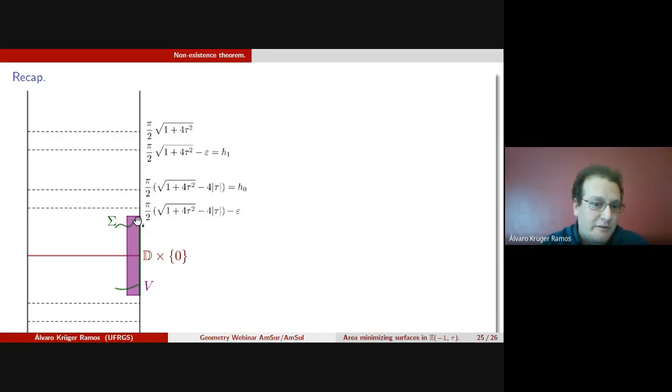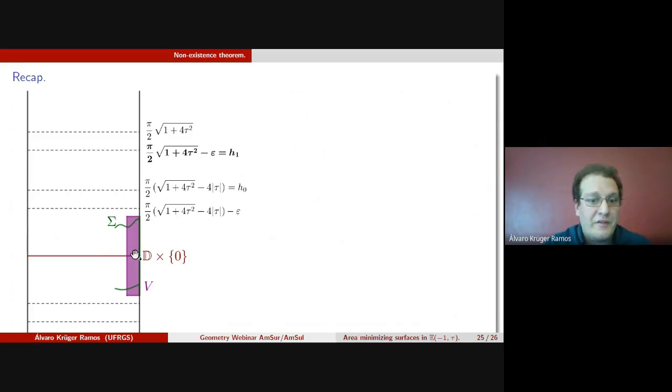If you have this product region here, you know that sigma is properly embedded, so it's orientable, and it separates the ambient space. So the top of this neighborhood is in one of these two regions. The bottom of this neighborhood is again in the same region, but in between, it changes to the second region. Sigma could enter here again, but we don't care. We just care that there are portions of this neighborhood which are in this other part of the ambient space.